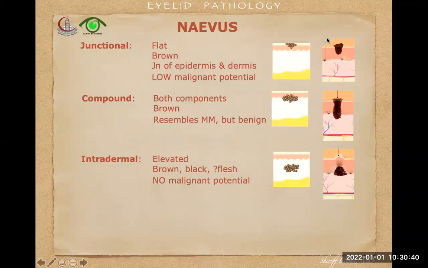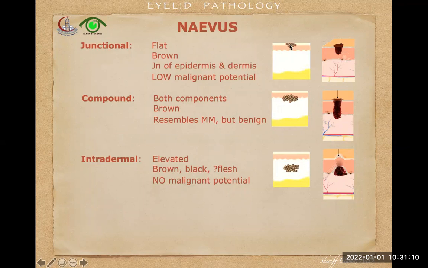And junctional is the flat type where the pigment cells occur at the junction of the epidermis and dermis. If it occurs in the dermis and junctional as well, this is called compound, and the intradermal is the one occurring in the dermis.